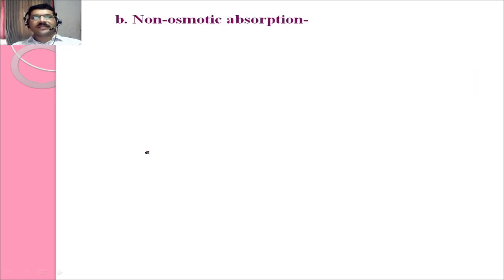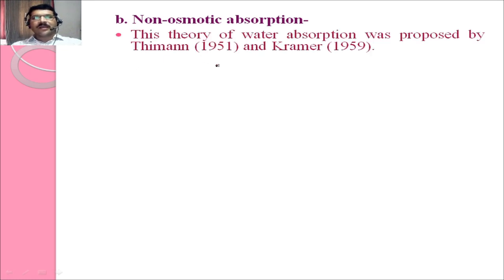Now we will see the second type of active absorption of water, that is known as non-osmotic absorption. This theory of water absorption was proposed by the plant physiologists Thimann in 1951 and Kramer in 1959.